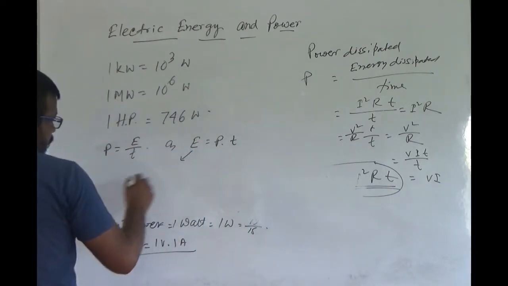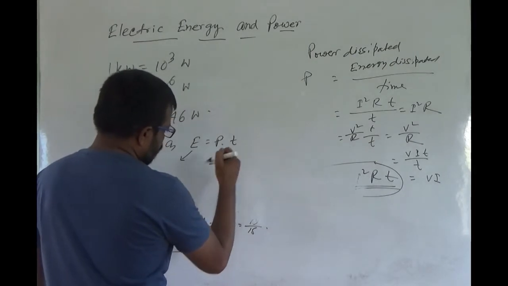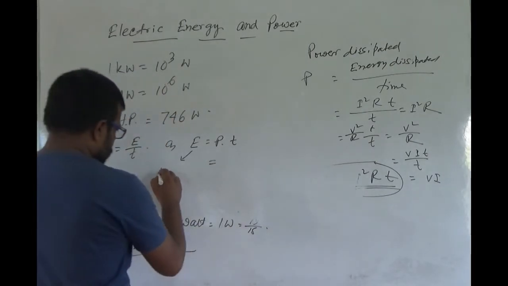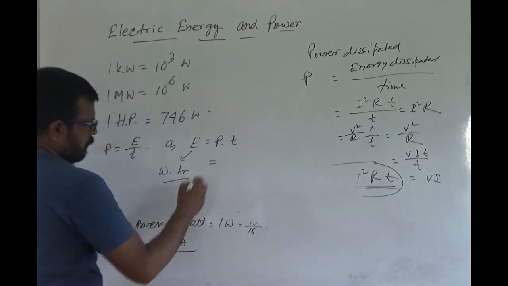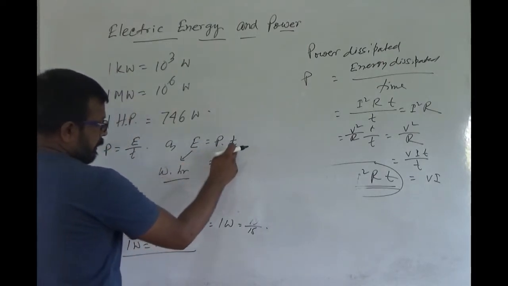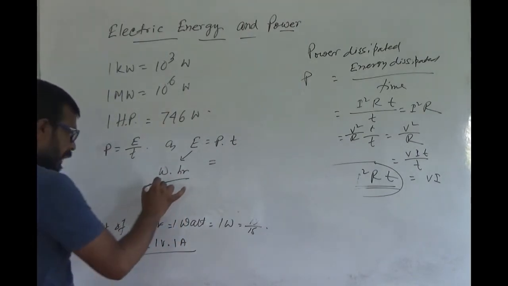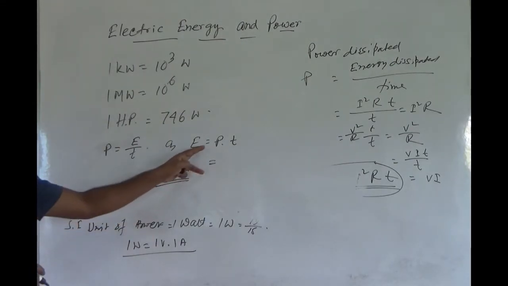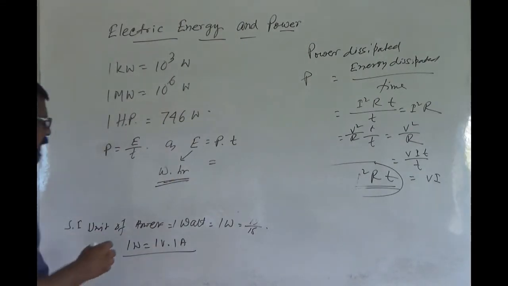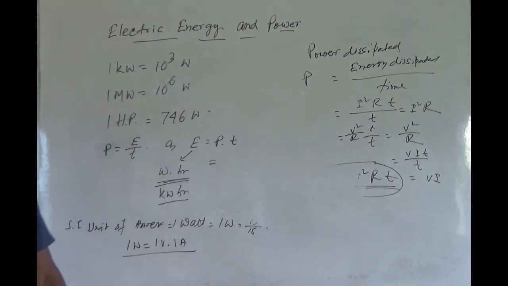Now see here, E can be written as power into time. Watt into hour, watt hour is a unit of electric energy. Similarly, kilowatt hour is also a unit of electric energy.